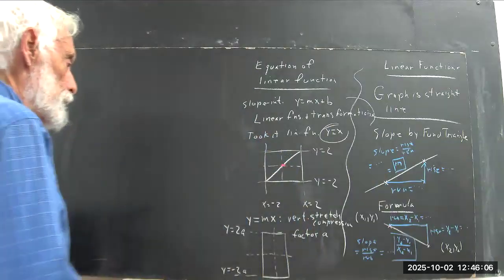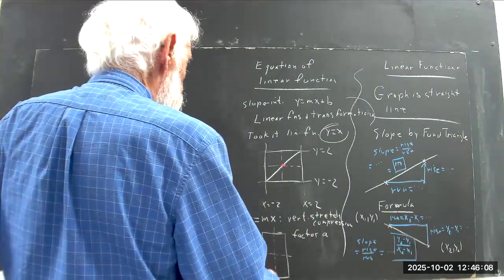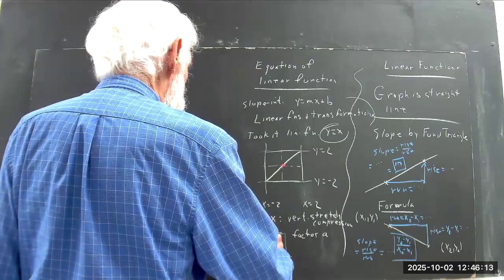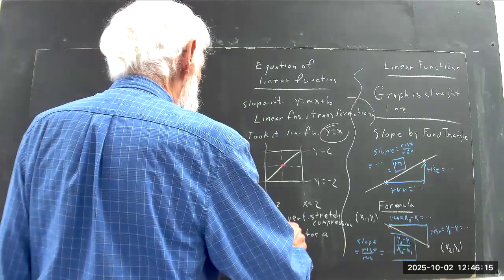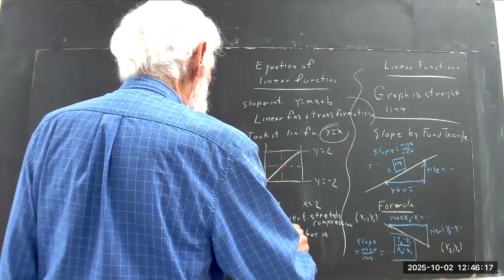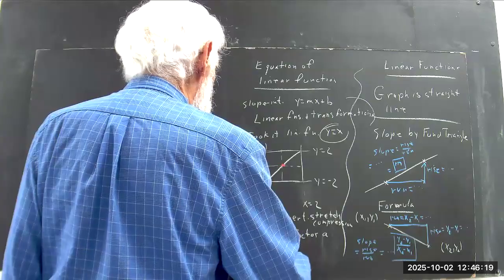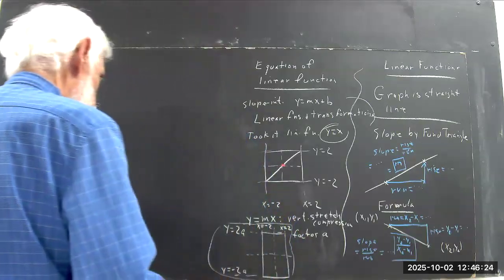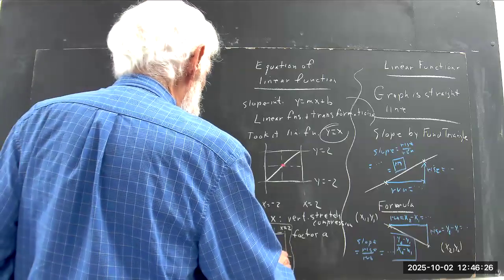Okay, and you've got x equals -2 and x equals 2. You've got your red dot.